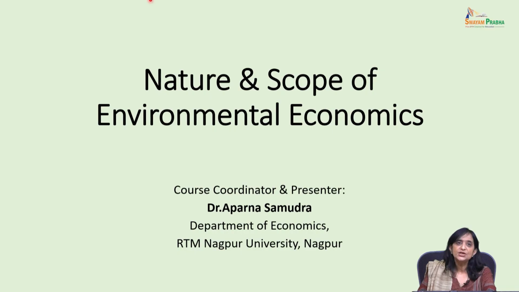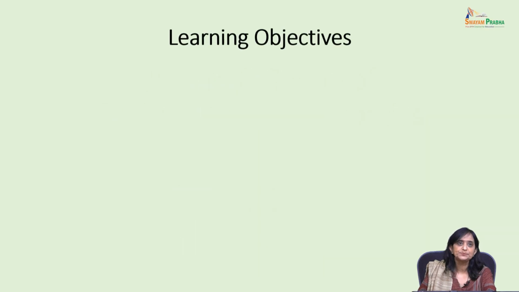In the first lecture of this course, we had seen the definition of environmental economics. We have also seen how the subject of environmental economics came into being, and we were discussing the various approaches of this subject matter. In this lecture, we will be discussing the nature and the scope of environmental economics.